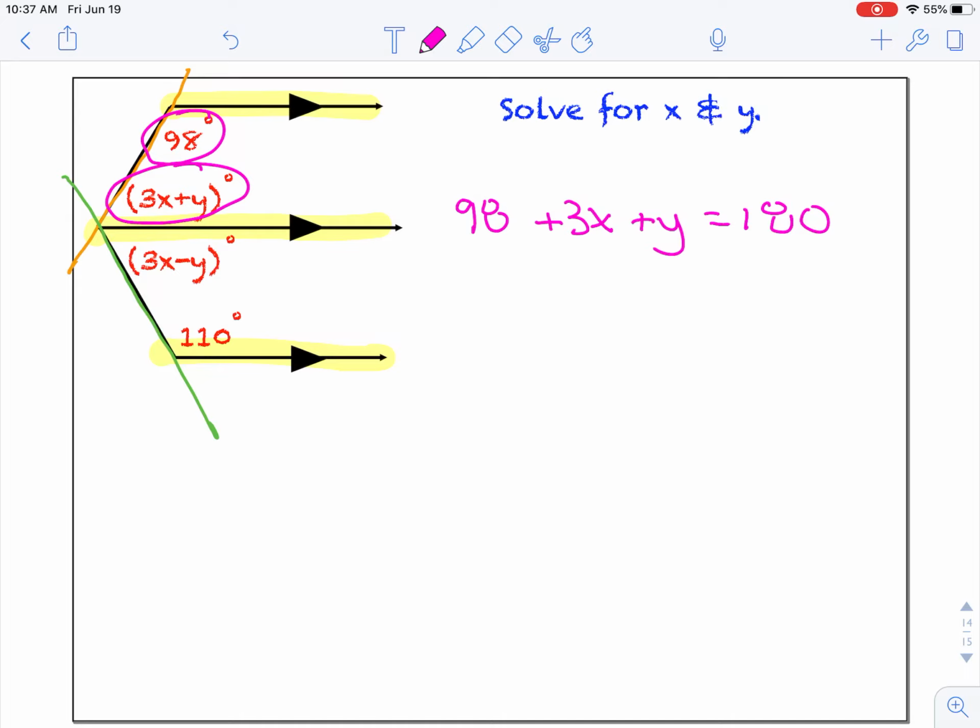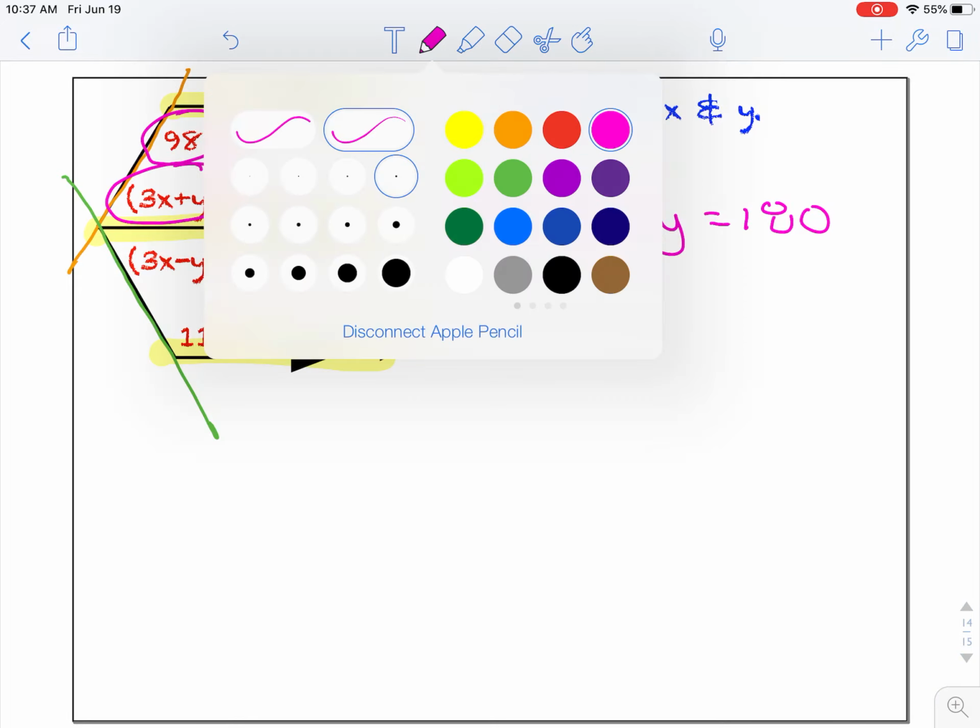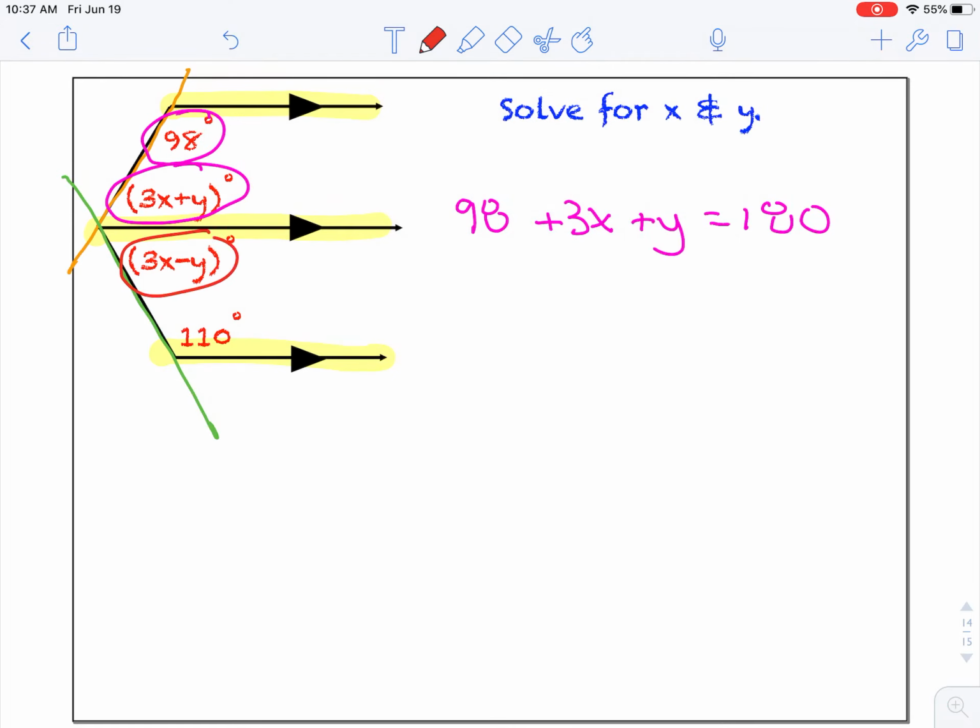So 98 plus 3x plus y equals 180. And you have this angle and this angle. So you have 3x minus y plus 110 equals 180.